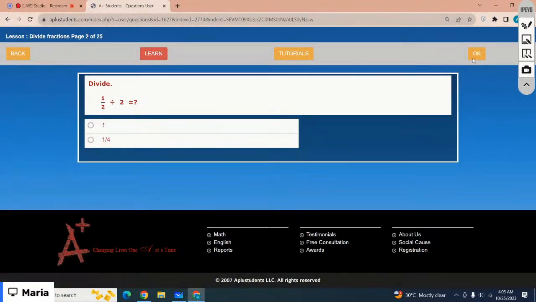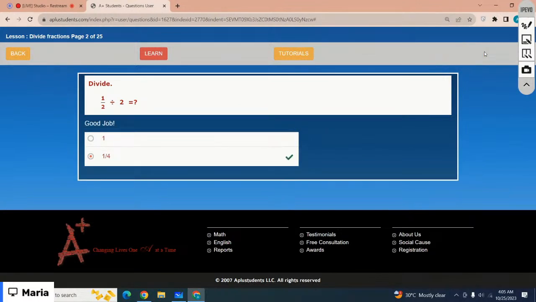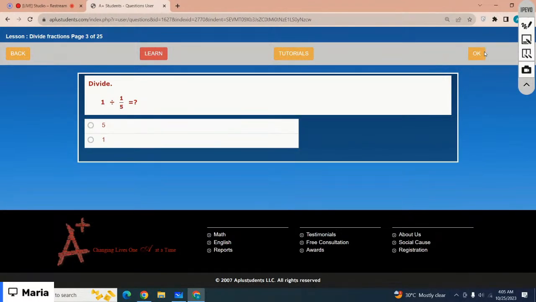Okay, the next one is 2 divided by 1 over 2. So which is the correct option? How do you divide? Replace the division sign with multiplication. So it would be then 1 over 2 times 1 over 2. So which is the correct option? It would be, yes, that is 1 over 4. Okay, the next one divided by 1 over 5.